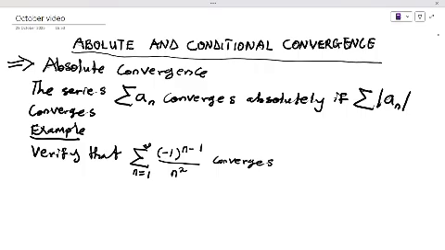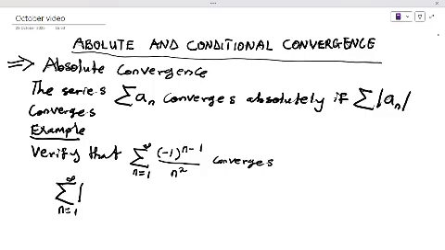From our previous classes, I believe you can still remember P series. So first things first, what are we going to do here? Remember, the series converges absolutely if the absolute value converges. So first you write sigma, the summation sign, n equals 1 to infinity, and then the absolute value of a sub n.